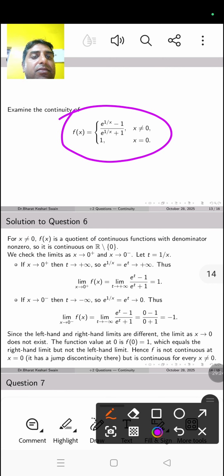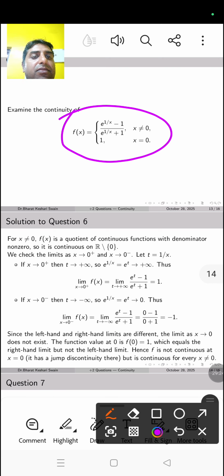Now come to the left hand limit, limit x tends to 0 minus. 0 minus means it is less than 0, so it is defined as 1 by x plus greatest integer of x.